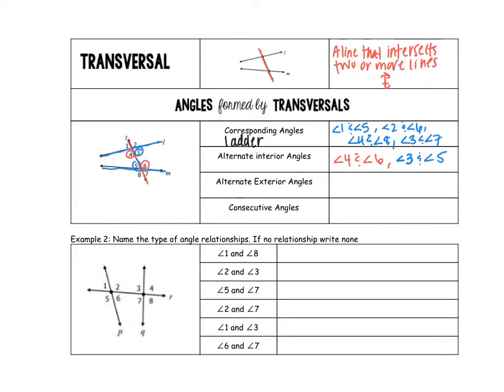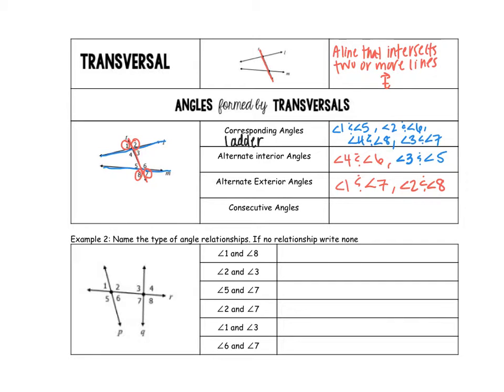Now, alternate exterior is also exactly what it sounds like. Alternate exterior is on the outside of these two lines, but on the opposite side of the transversal. So angle 1 and angle 7, but also angle 2 and angle 8.